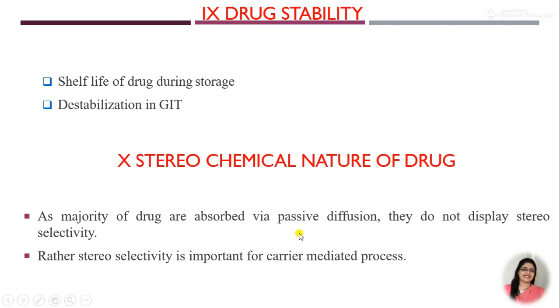So apart from passive diffusion, there are other means of transportation of drug which are carrier-mediated or enzyme-mediated absorption processes for which the stereoselectivity of the drug plays an important role.